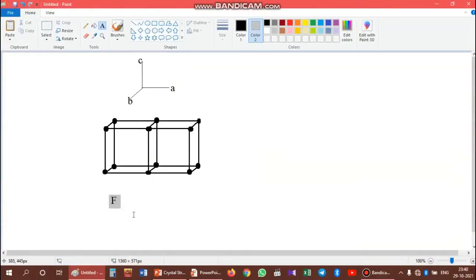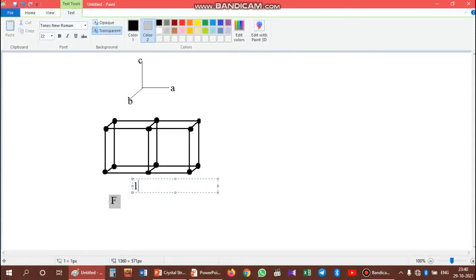So let's move on to face-centered cube. Okay, F. For what? We just repeat this picture for the 3 planes. This is for the 100 plane, and also for 110 we shall draw here another picture.